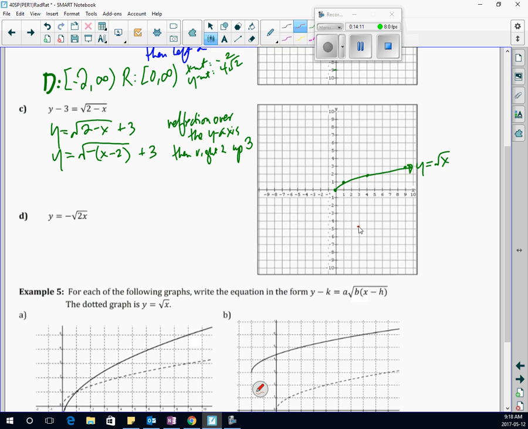Reflection over the y-axis. 0 stays as 0. Then I'm going right 2, 1, 2, up 3. 1, 2, 3. Next one. 1 gets reflected over to -1. Then I'm going right 2, 1, 2, up 3. 1, 2, 3.